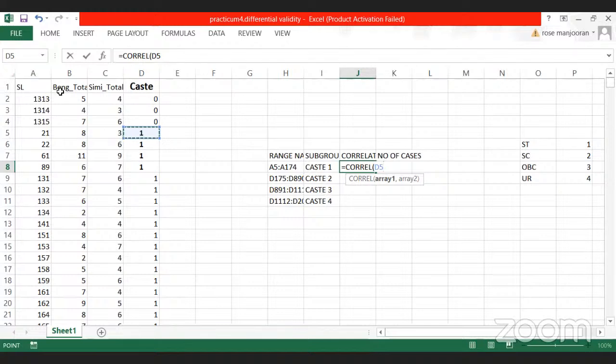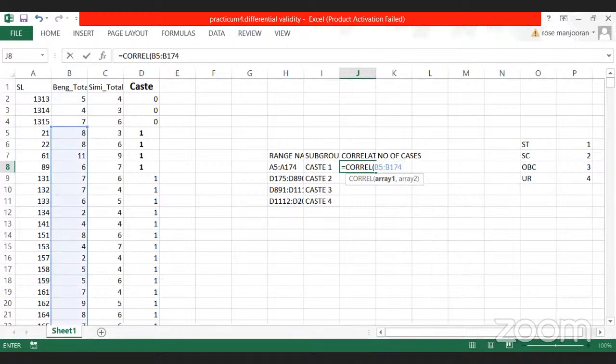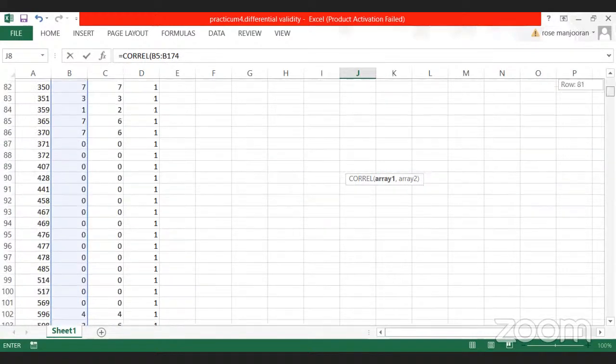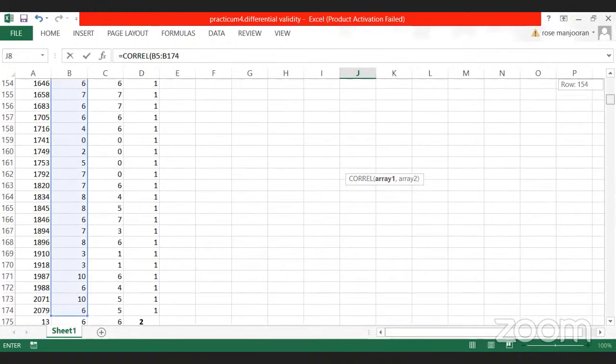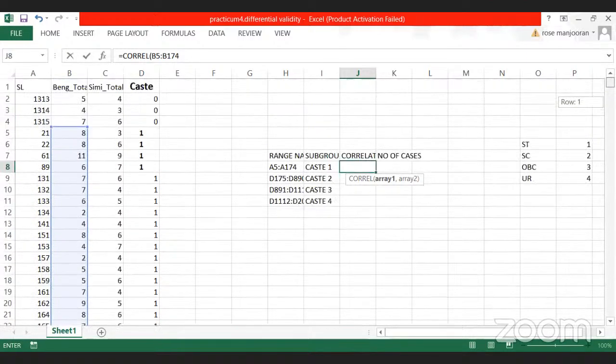That means the Bengali total starts from B5. See, B5 will be the cell. Then it extends till B174. So you can see till where it can be seen. See, B174. Till here we can select because from the next cell it starts the caste 2. So I have taken till here.